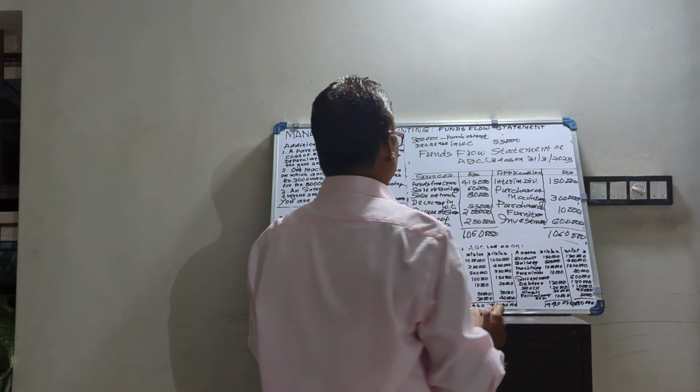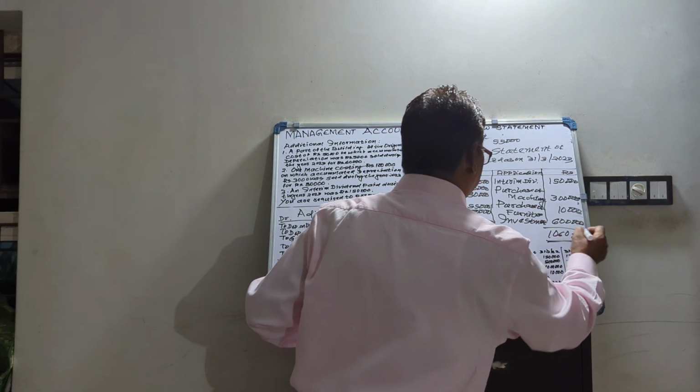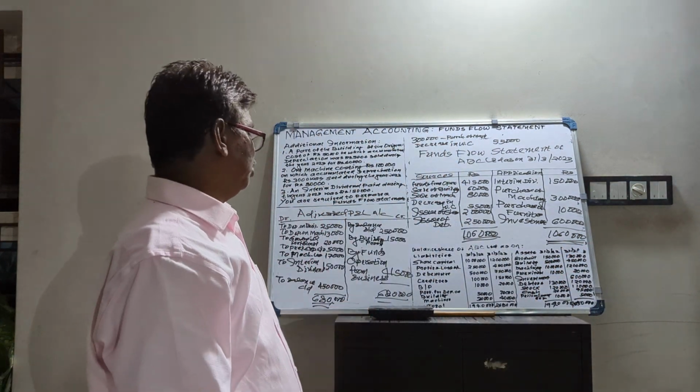So the sources total is 10,60,000 and the application total is 10,60,000. That means 100% accuracy in solving this problem.